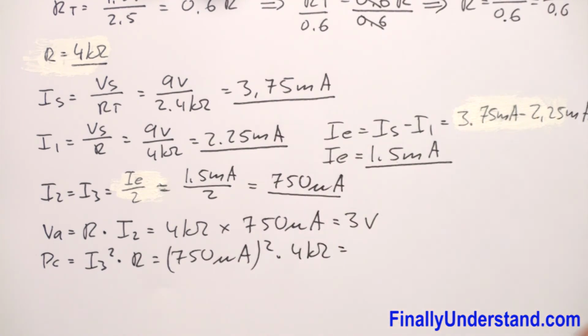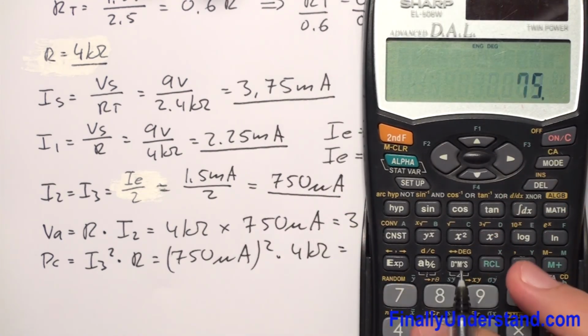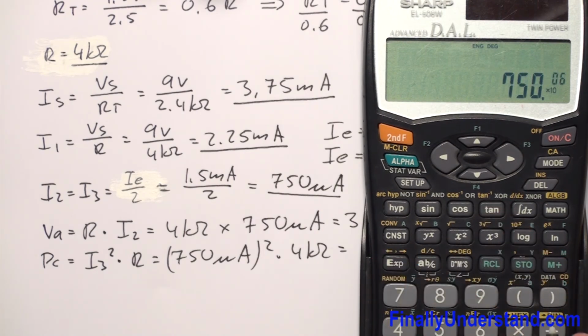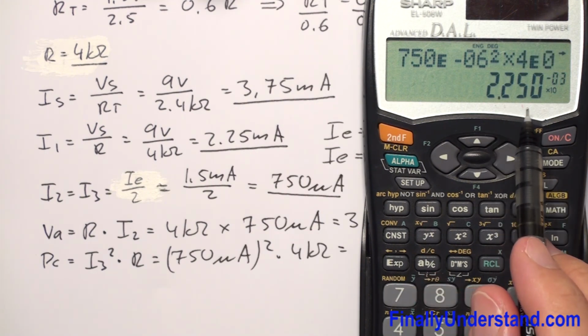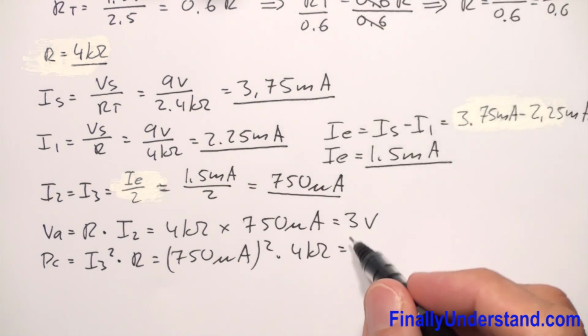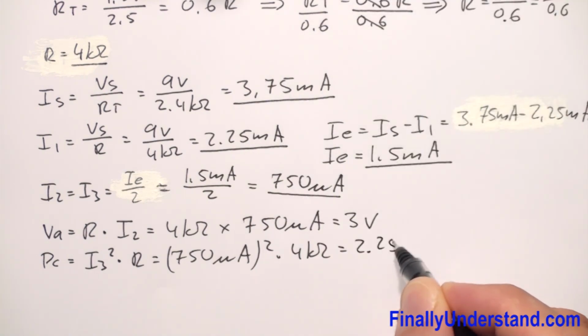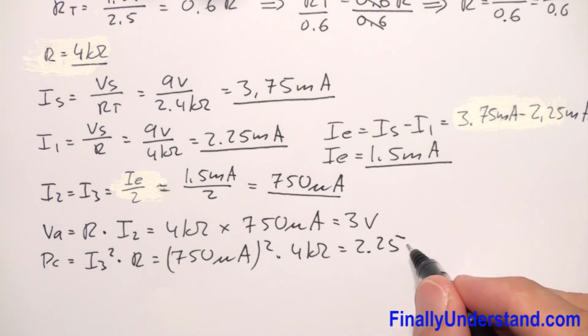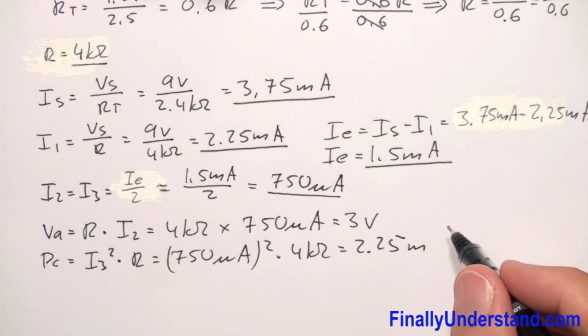And this is equal to 750 exponent 6 negative squared times 4 exponent 3, which is equal to 2.25 milliwatts.